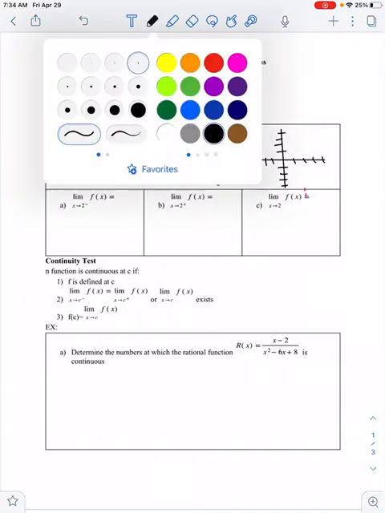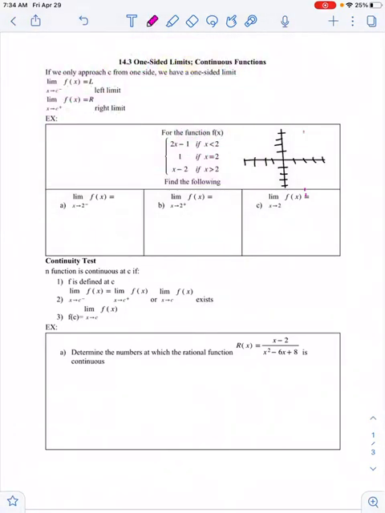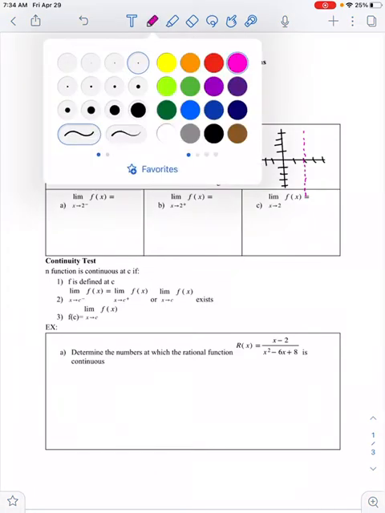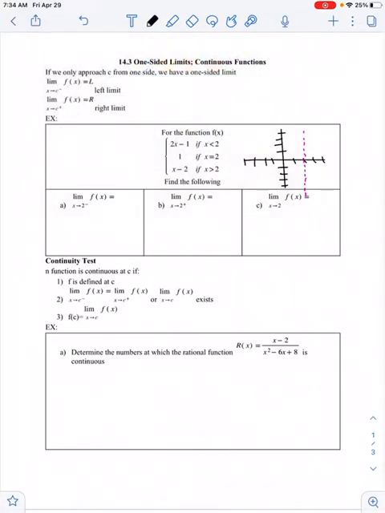So I'm going to draw a pink dotted line down x equals 2. Then I'm going to do the first piece of the function of 2x minus 1. So I'm going to put a point at negative 1 and then go up 2 over 1, up 2 over 1 until I get to that pink line and put an open circle because x is less than 2, and then connect my points.